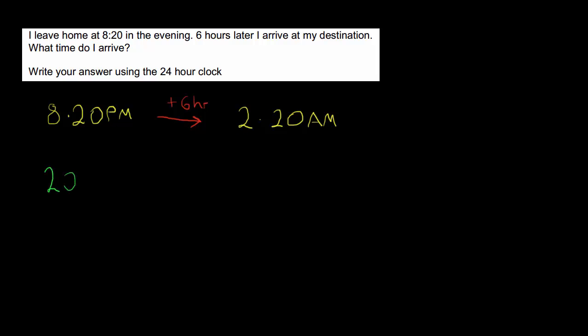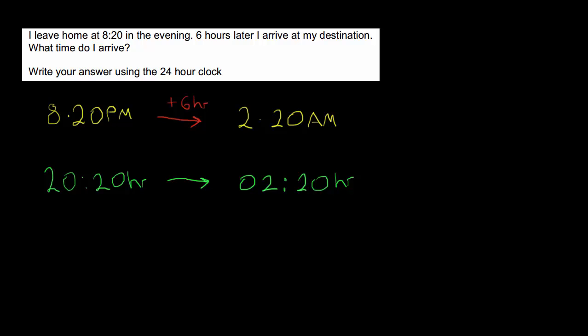So 8:20 becomes 20:20 hours. And then I add 6 hours onto that. Well, that is 4 hours away from 24, which we know is actually expressed as 0000. So 2020 plus 6 hours will take us to 0220. We'll clearly arrive at the same time.